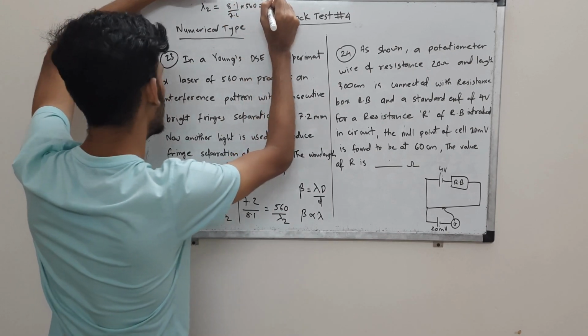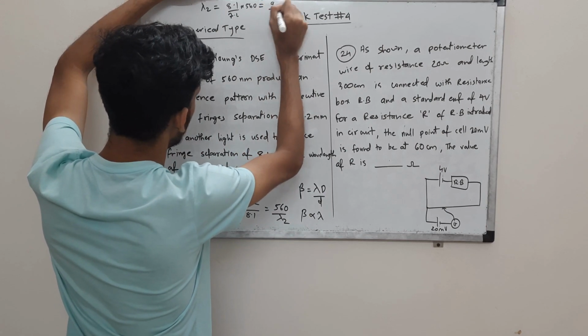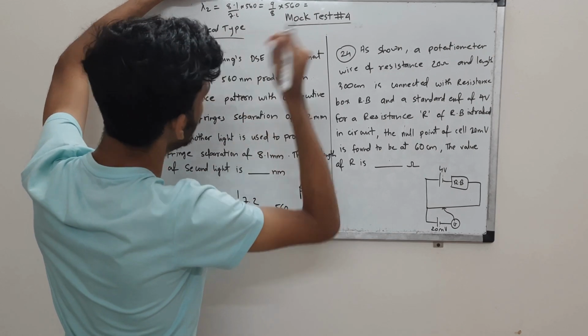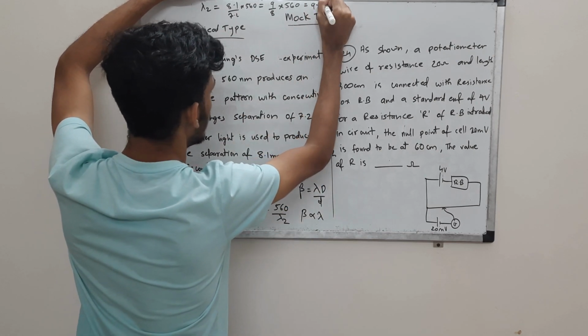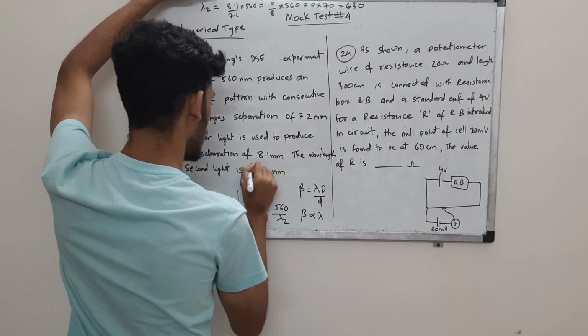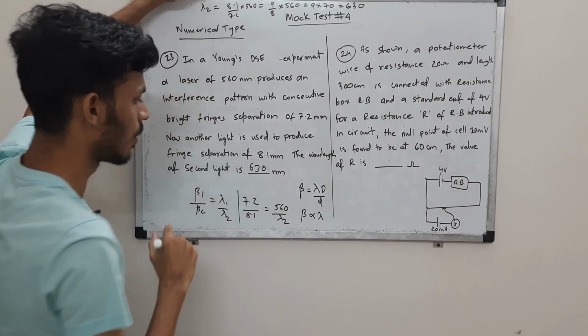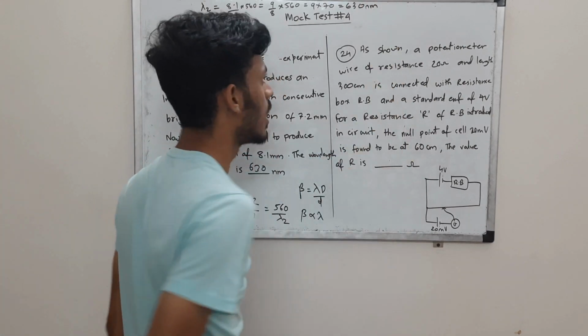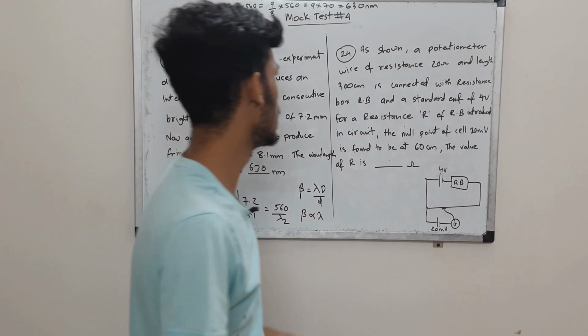So 9 9s are, 9 8s are. Is 560 divisible by 8? Yeah, it's 7s are, right? 8 7s are 56, and this will be 630. So your answer should be 630 nanometers. The wavelength of the second source that we used is 630 nanometers.